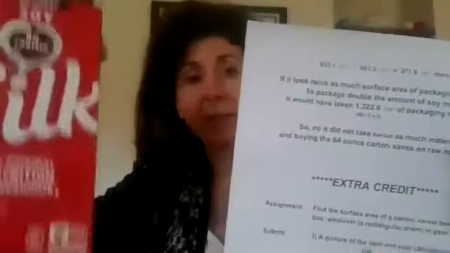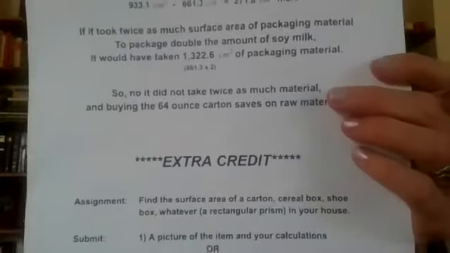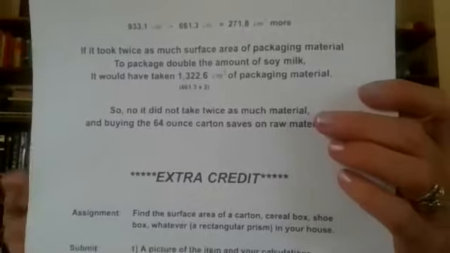If it's a carton like this, take a picture of it and then take a picture of your calculations and send it to me in an email. Or you could get a Google document, show your calculations, type out what it was that you measured, was it a cereal box? Give the dimensions. You need to have the dimensions, show your calculations, submit your total surface area, and you can get extra credit for that.